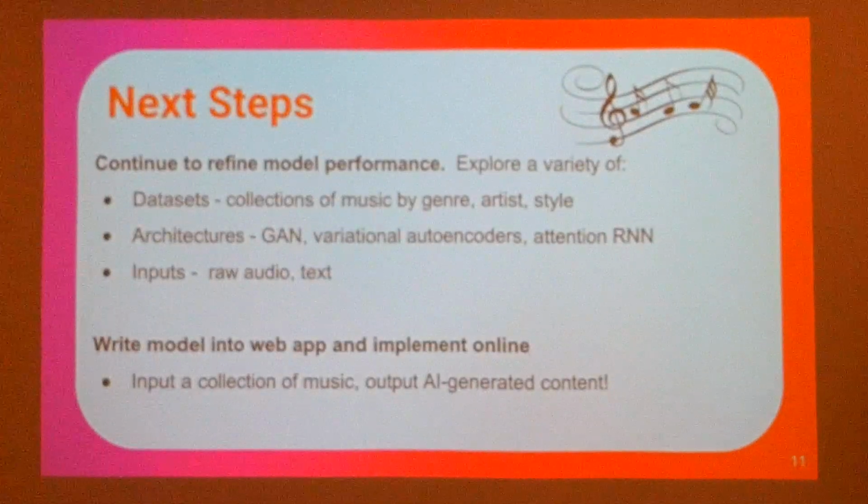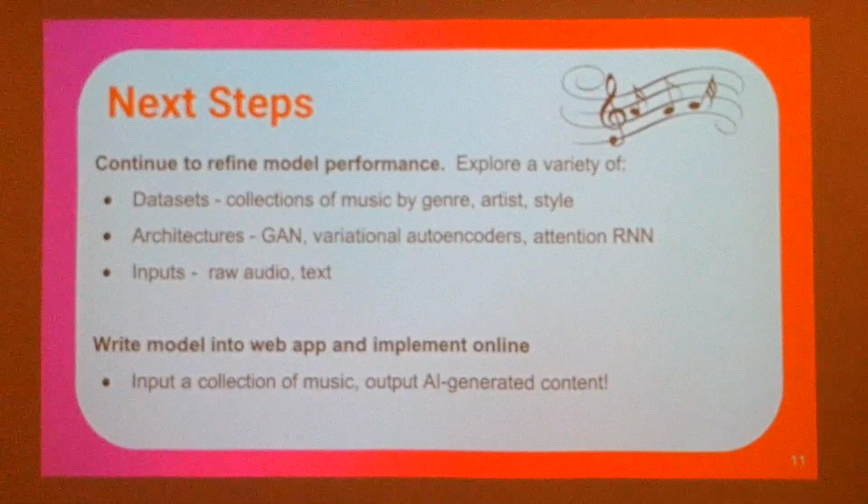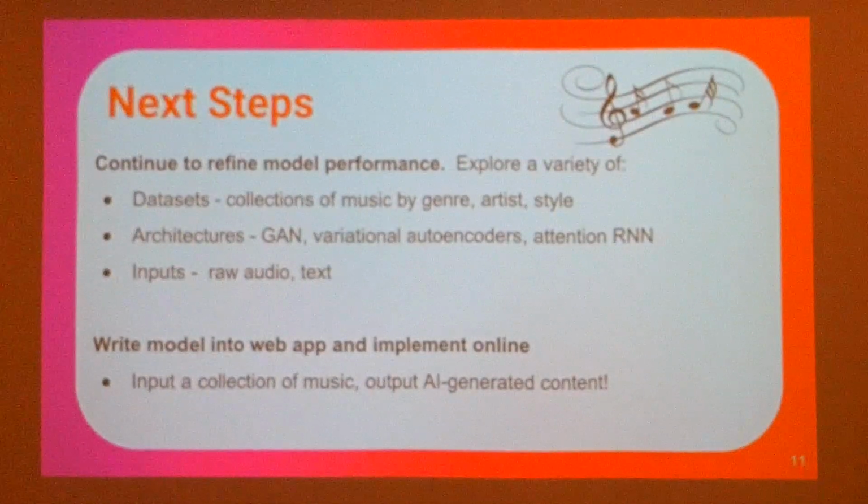Speaking of other work to be done, there are several tweaks we can make to continue to refine the performance of this model. We can look into different data sets. I looked into a few different genres. We can perhaps narrow that further into specific artists or styles of artist.